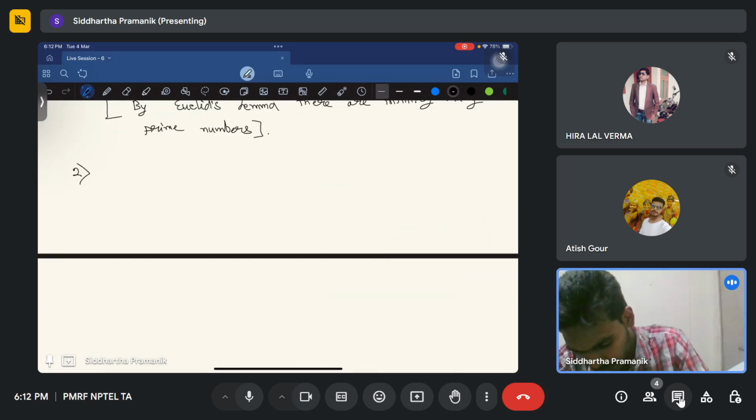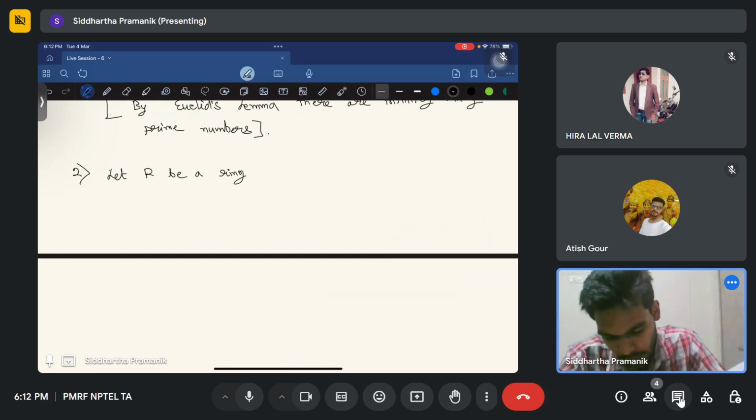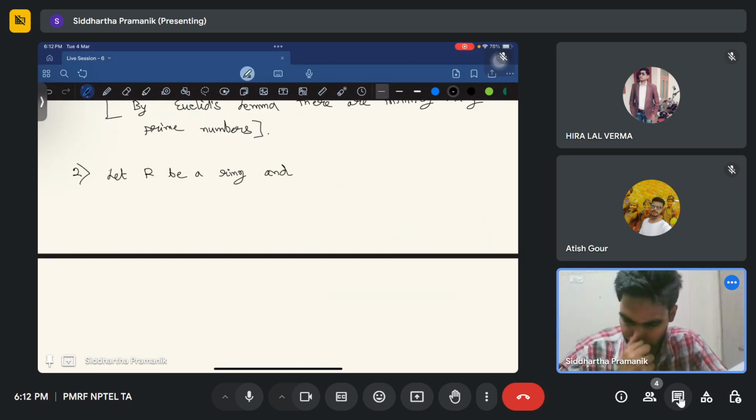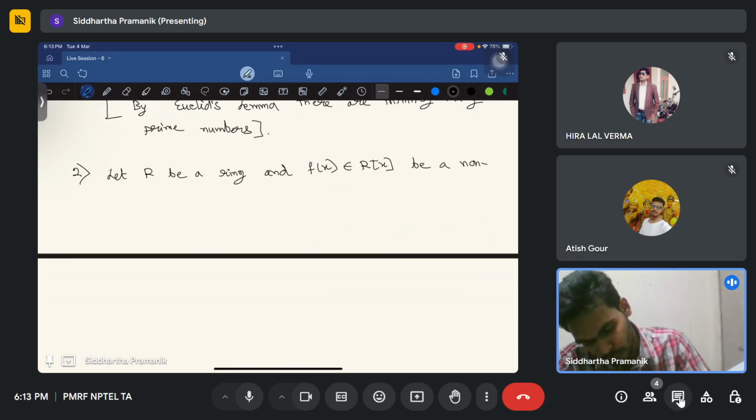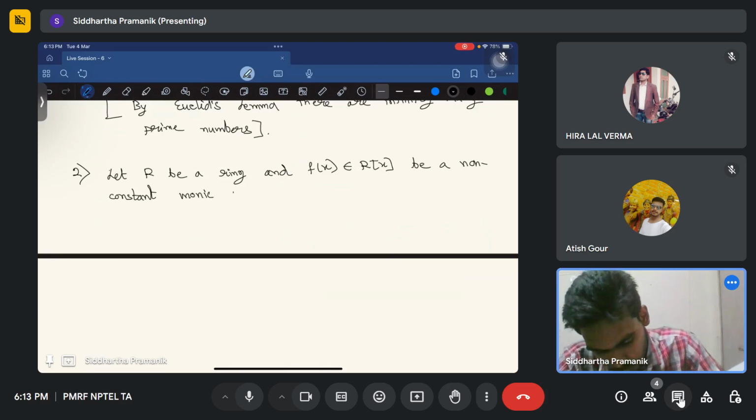Let R be a ring and f(x) belonging to R[x] be a non-constant monic polynomial. So it is a non-constant and monic polynomial. Monic polynomial means whose leading coefficient is 1.